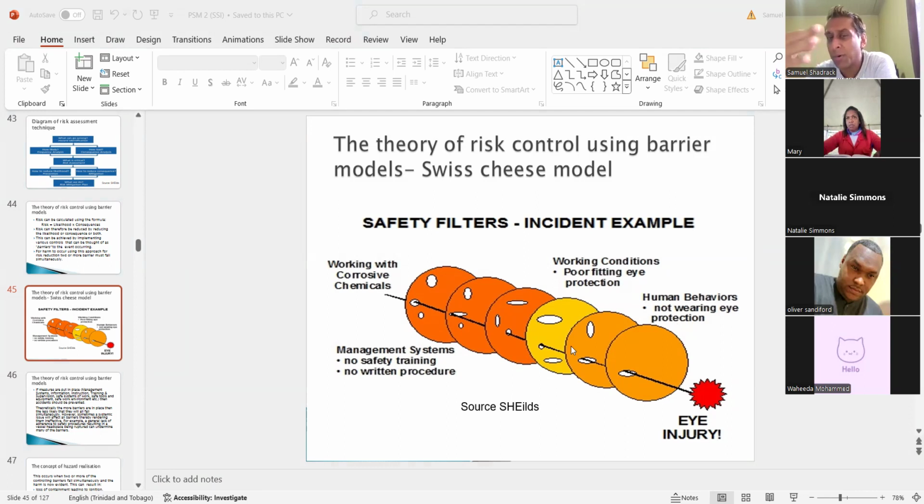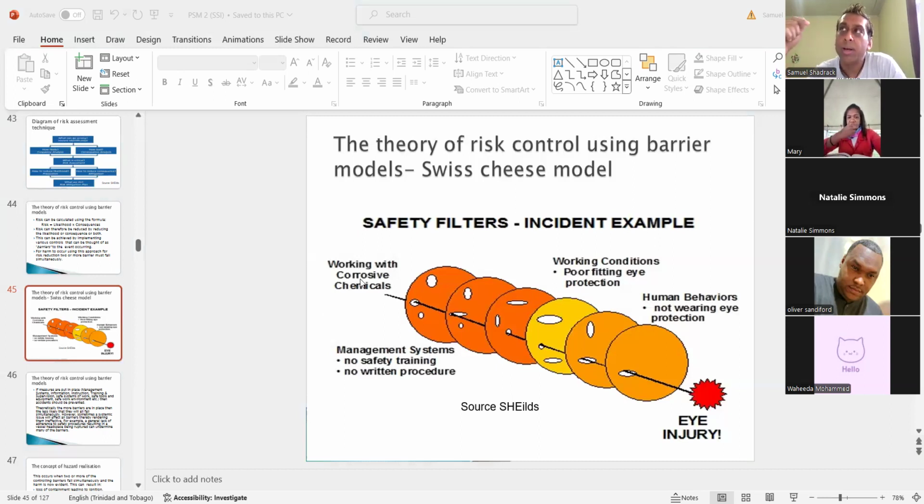Another cause could have been that no one took up the role of supervision. That worker could have been a young worker who wasn't trained to put on the safety glasses. And it may be that they had never really handled anything corrosive, but on this occasion, the chemical they are dealing with is a corrosive chemical. So everything had to line up for the accident to happen.